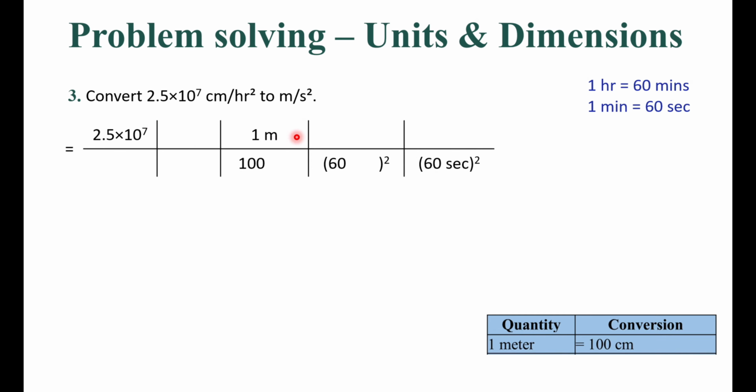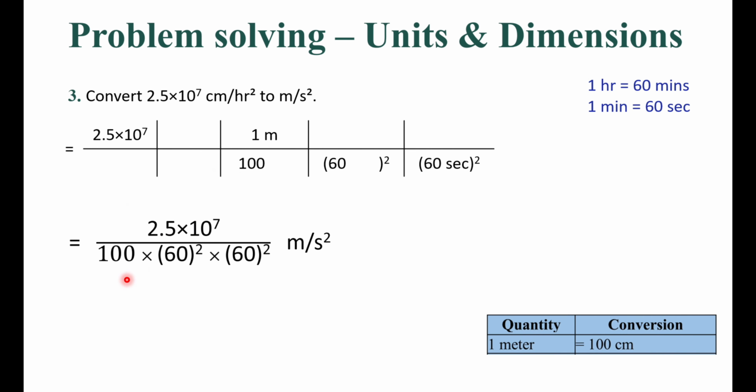So you can see the only unit present in the numerator is meter. And in the case of the denominator, we have only second square, which is the one we are looking for. So let me compile all these things into one single equation. It comes to be, in the numerator, we have only the 2.5 into 10 power 7 term. And it is just 1 meter. So I am writing 2.5 into 10 power 7 as the numerator.